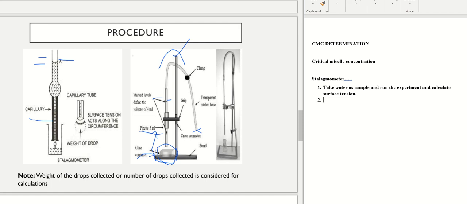And again, take a sample solution of specific concentration and run the experiment. Note down the number of drops formed. Similarly, for the third, another sample having a different concentration, likewise, we will be determining the number of drops formed for different concentrations of the surfactant solution.